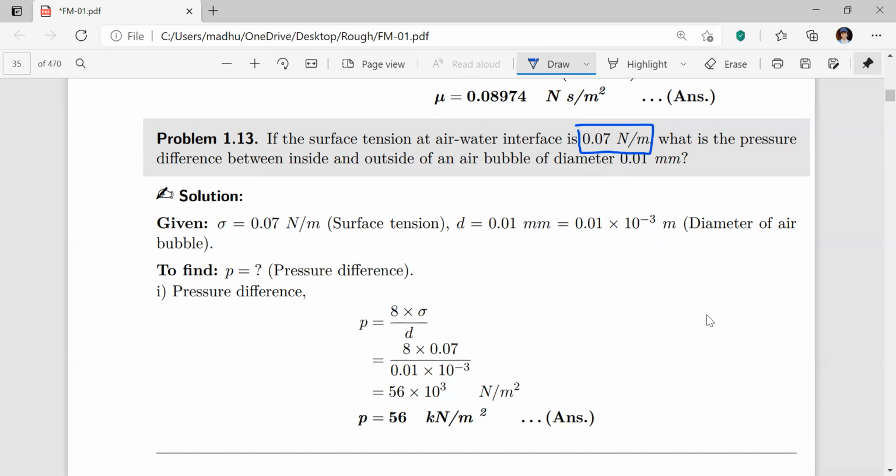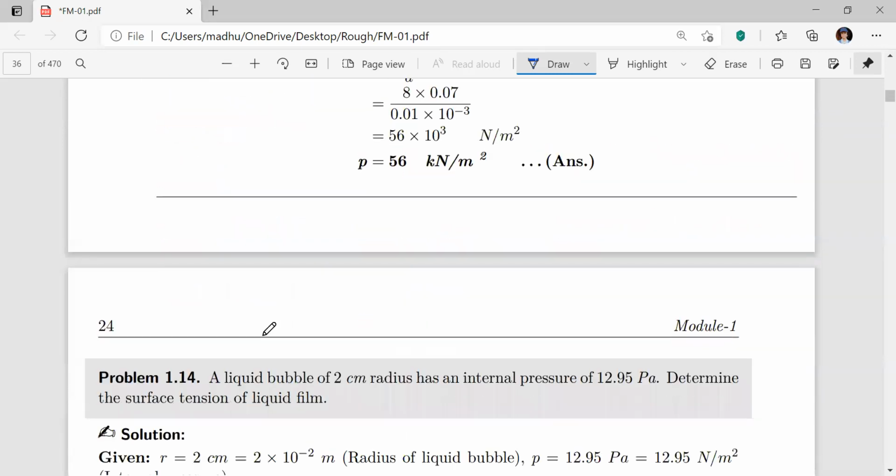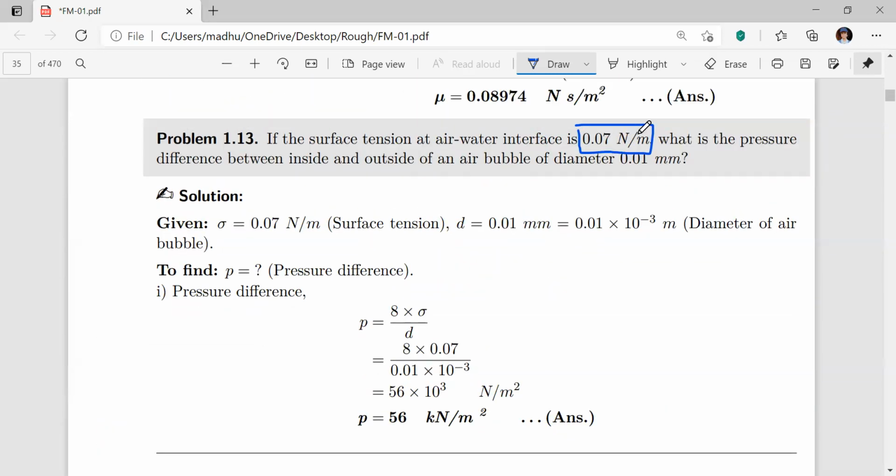So I have to calculate the pressure difference, inside pressure, outside pressure, and the difference between the two.